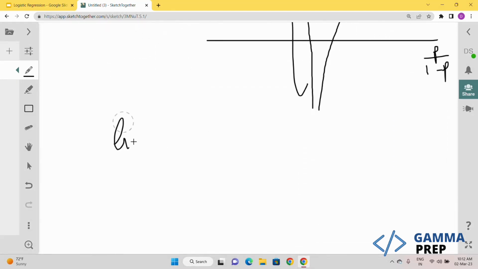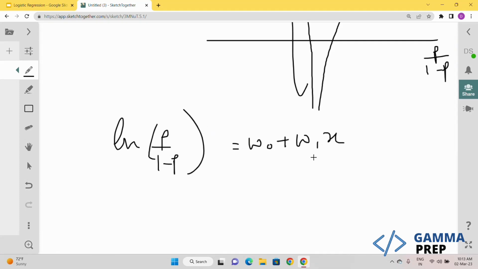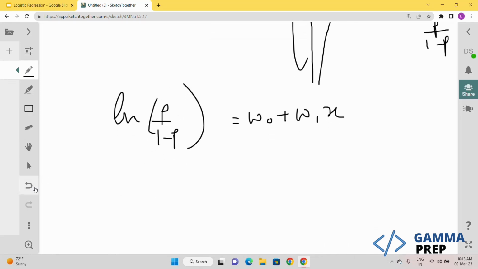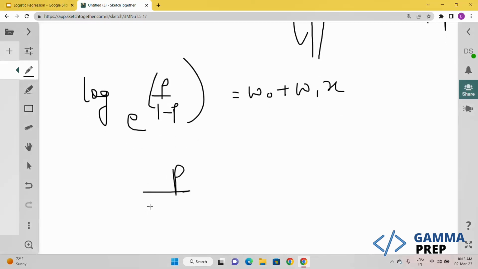So the LHS, we have modified it to be ln p by 1 minus p, and here we have w0 plus w1x. Now let's do a bit of mathematical manipulation to get it in the right format. What is ln? ln is basically log base e. So it's log of p by 1 minus p to the base e. So I can write p by 1 minus p as, if e goes to the RHS, it becomes exponential of w0 plus w1x.